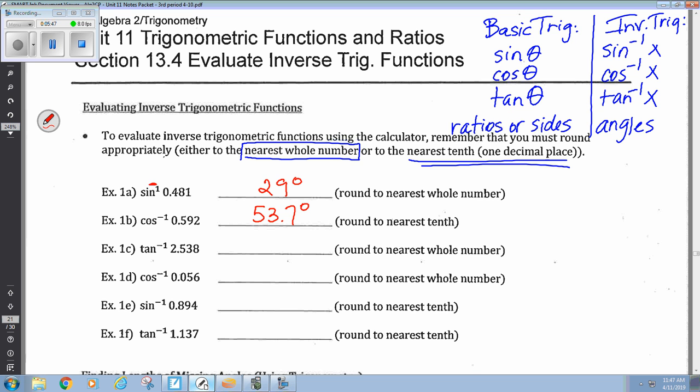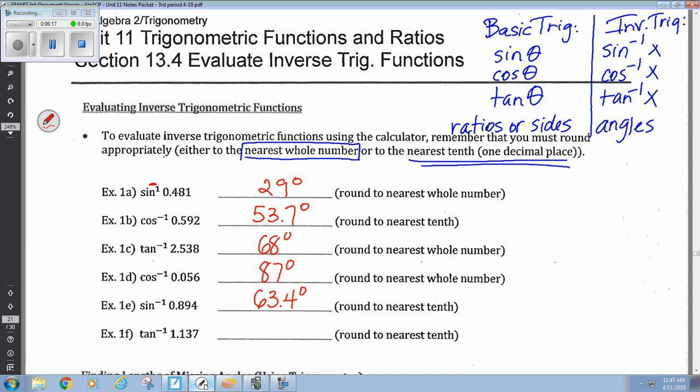For those people who are working ahead and filling everything in, 1C, you should have 68 degrees. 1D, you should have 87 degrees. For 1E, sine inverse of 0.894 is 63.4 degrees.